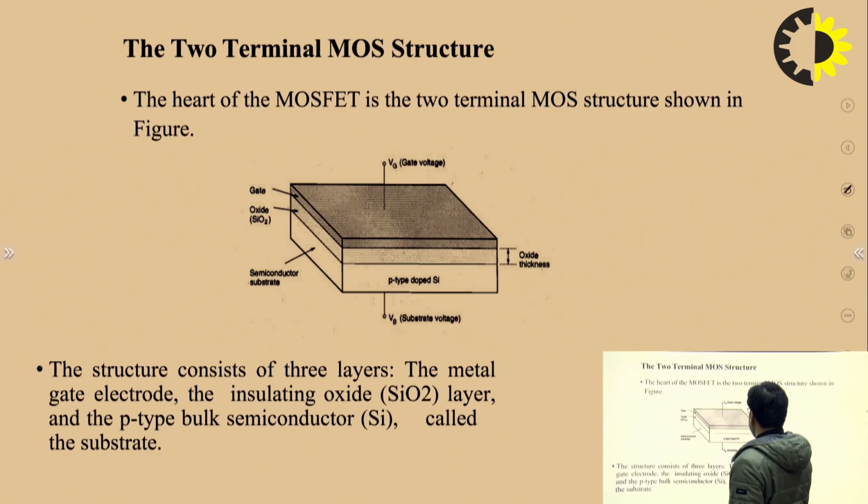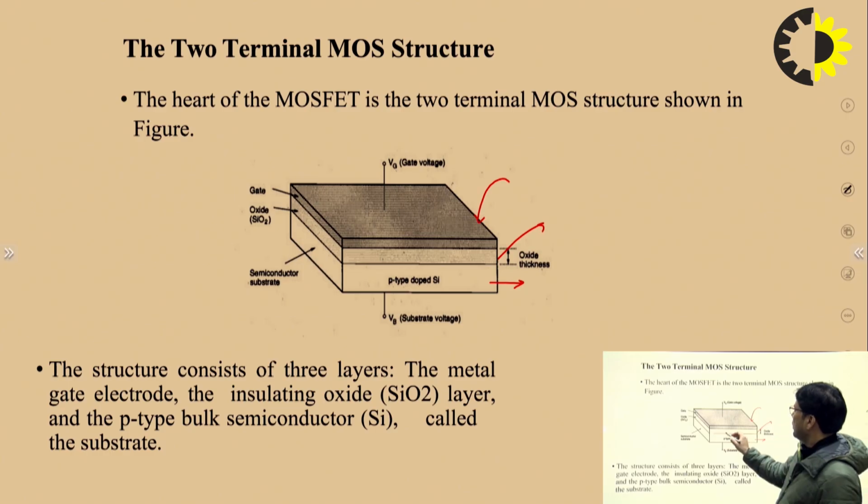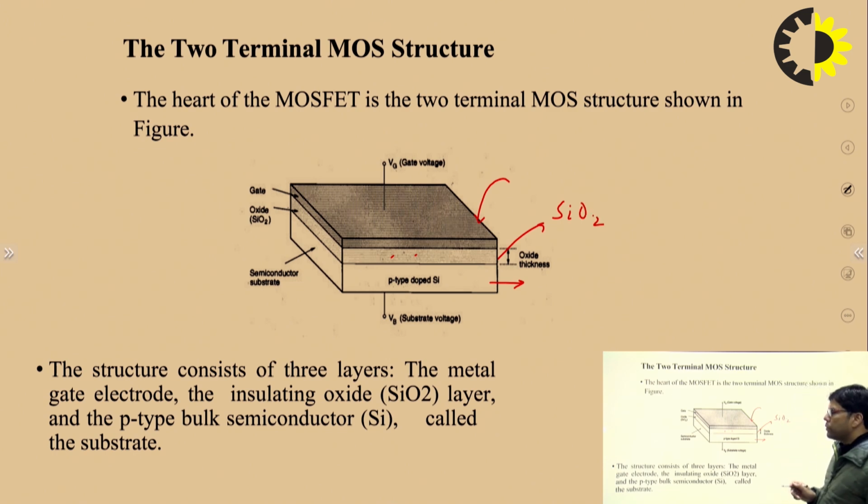You can see, this is the substrate layer, this is a metallic contact layer, and this one is the oxide layer, right? The oxide layer here is the SiO2 layer, silicon dioxide, which is a kind of insulating layer.